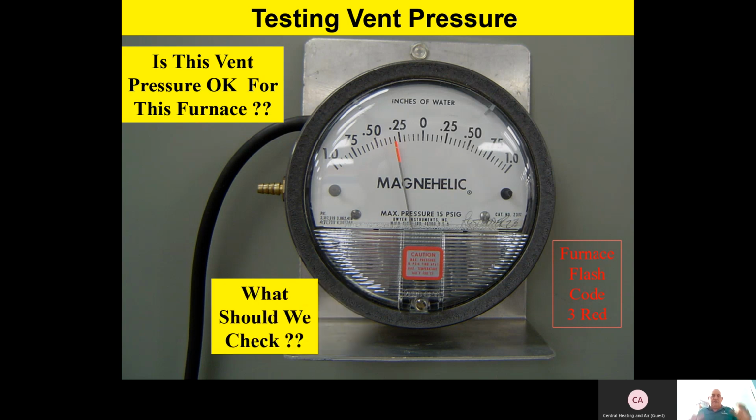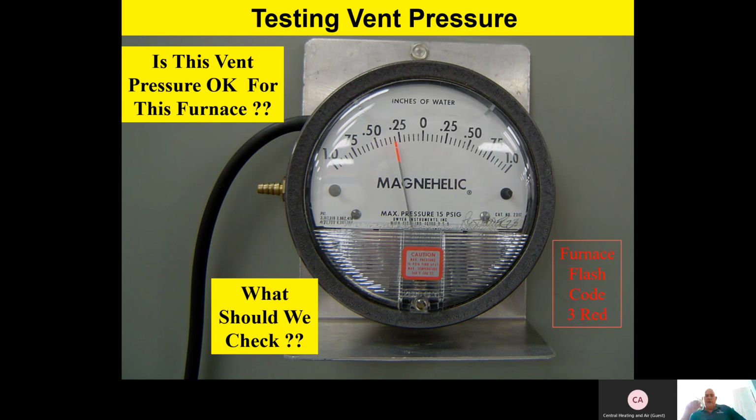We've talked about some of the things we should check: the vent pipe, make sure it's clear, make sure the induced draft blower is working okay, and then finally you might just have a bad switch. But this is why it's really important, in my opinion, to actually measure your vent pressure. Don't just automatically assume, well, I got a bad pressure switch. Measure that vent pressure and see what's going on with it.